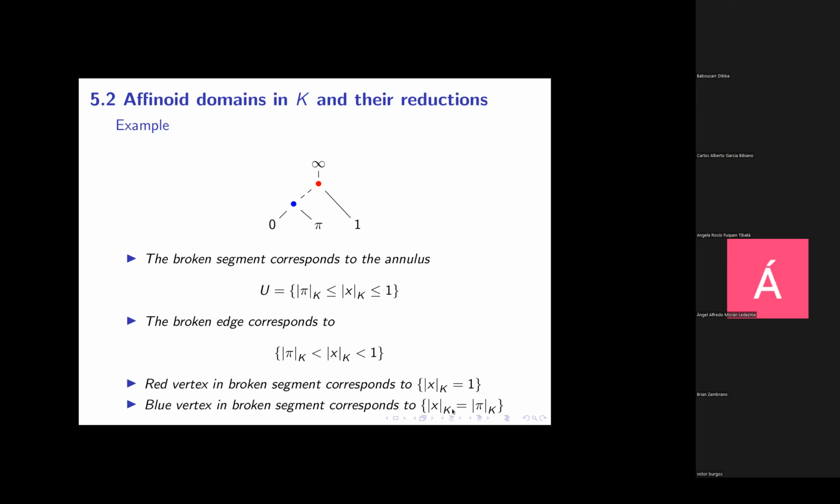The blue vertex corresponds to the circle with radius absolute value of pi. And the red vertex corresponds to the unit circle, so the radius is 1. And remember that the dashed edge had no points. It was an open annulus without any points. So well, there are points, but you don't see them over the field K. So this is the broken edge that corresponds to this open annulus.